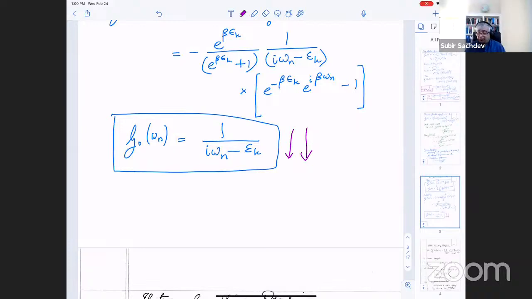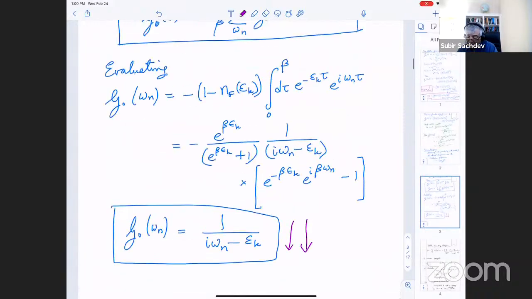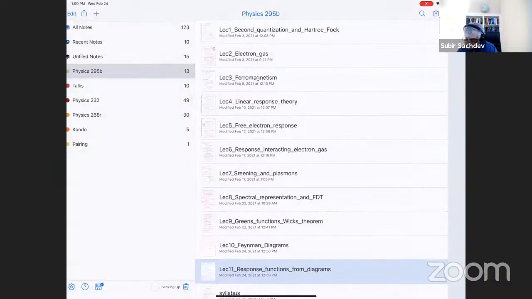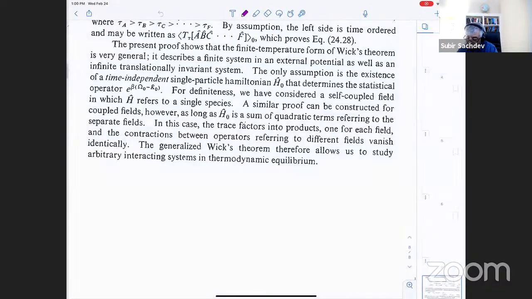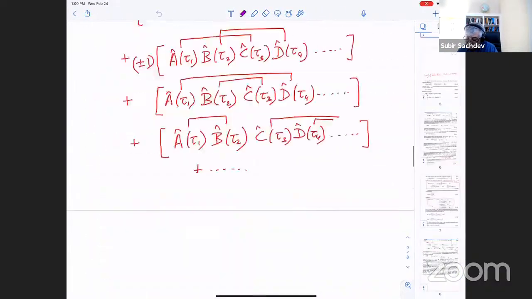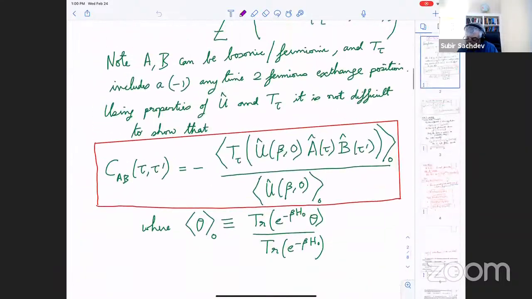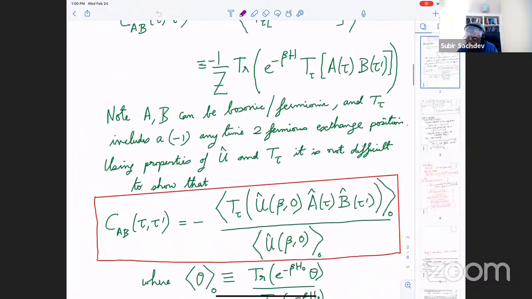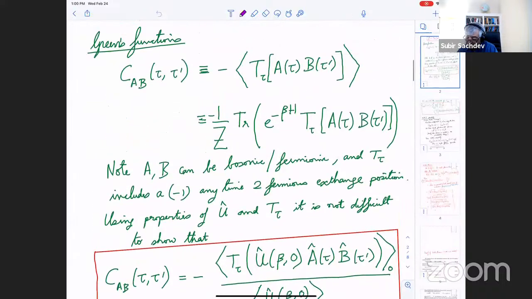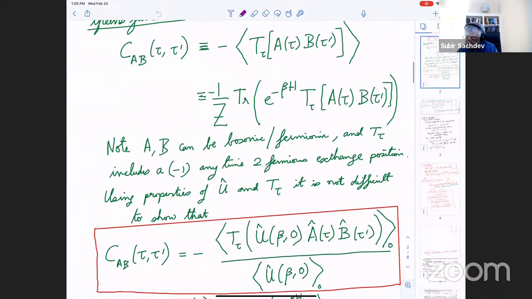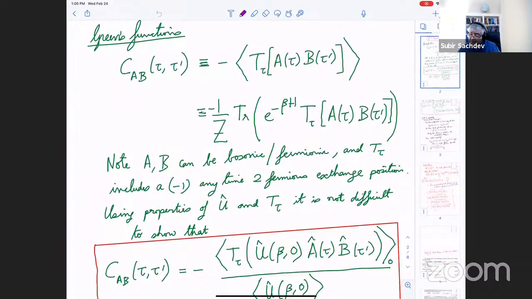Yeah, it goes back to the original definition of the Green's function. This is a very general definition of the Green's function here. I didn't go through the proof, but you have two different types of exponentials of Hamiltonians here.